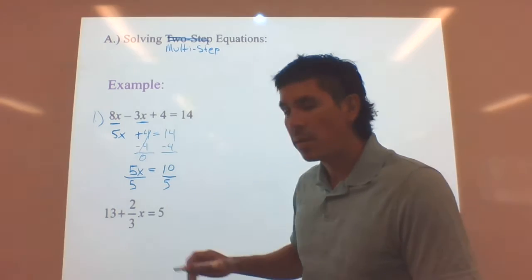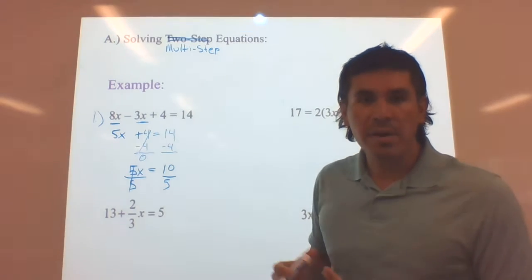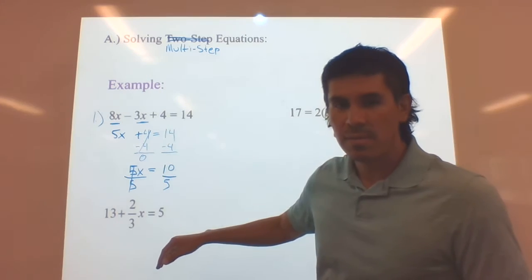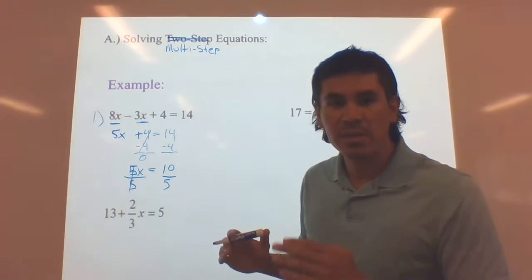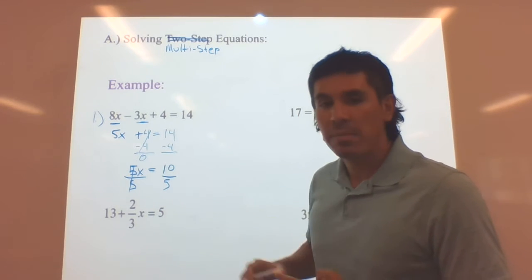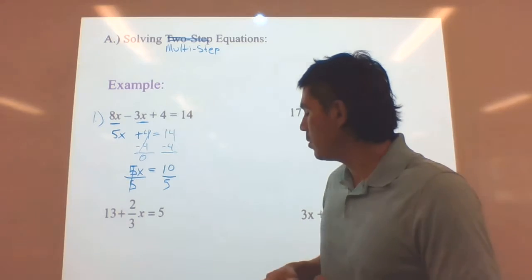Okay? 5 divided by 5 is just 1. It eliminates. Okay? So those divide out to be 1. So then 10 divided by 5. What's the answer? The answer is 2. Okay?